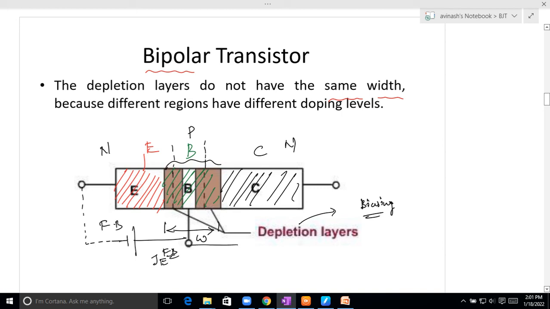In the same way, I can connect this in reverse bias. Reverse bias means connecting to the opposite terminals: the negative region connected to the positive terminal and the positive region connected to the negative terminal of the battery. This voltage is connected between emitter and base. This voltage is connected between collector and base. Then this junction will be in reverse bias. The collector junction is in reverse bias.